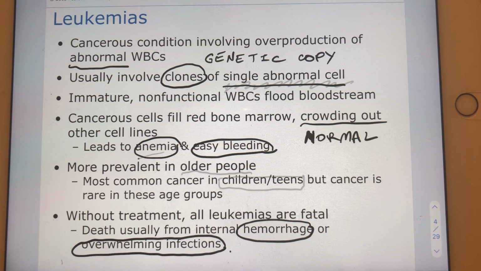Now, anemia in particular might kind of throw you for a loop because you might be thinking, understandably, wait, Tessa, I thought that polycythemia vera was an overproduction and associated with cancer. Well, yeah, you're right.